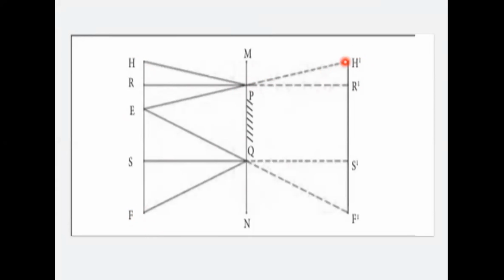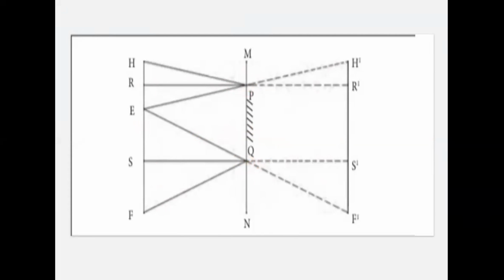This H dash is the head image, E dash is the eye image, and the ray from the head is incident at point P. Similarly, if you see the eyes and foot, the rays of light meet at point Q. Now, one thing that must be noted over here, you can see a part PQ over here. Only in this part, students, the image is being formed. And how the image is being formed, let us now see.